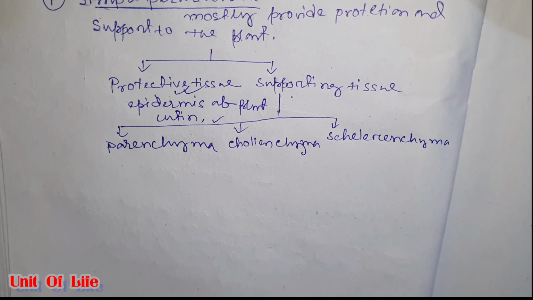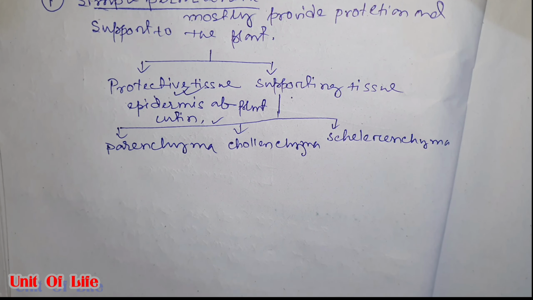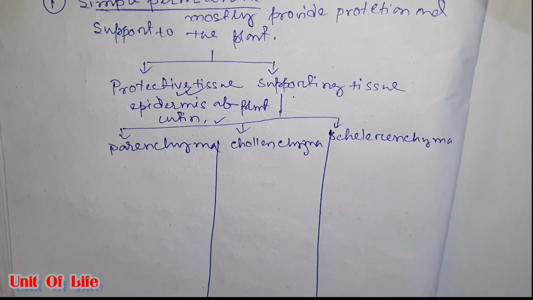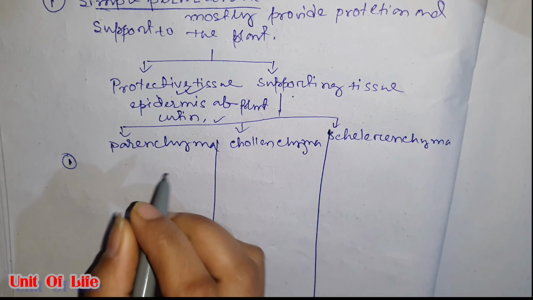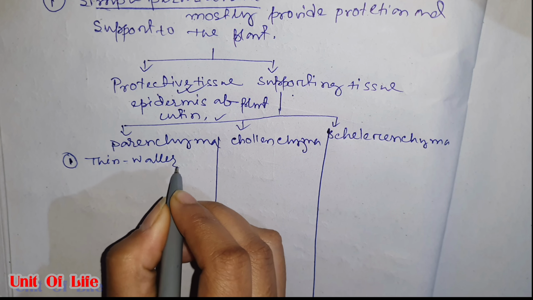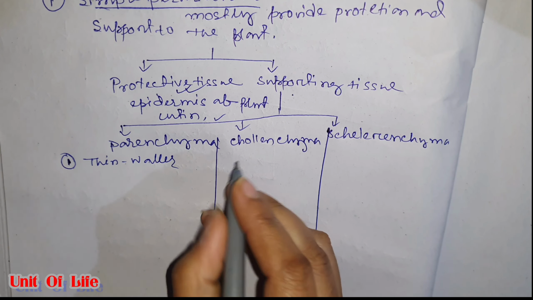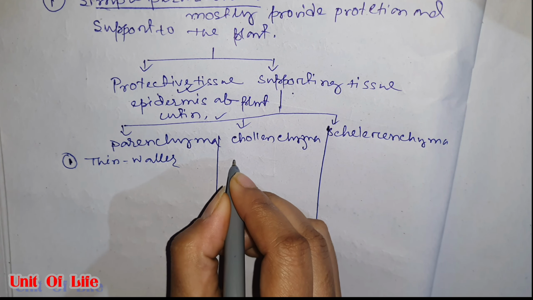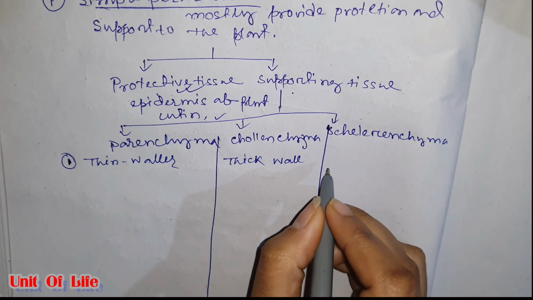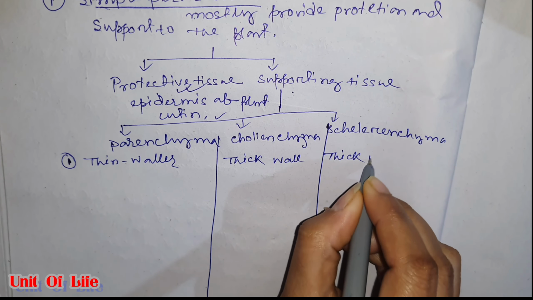First, parenchyma has a very thin cell wall, but collenchyma has a thick cell wall and sclerenchyma cell wall is also thick. Parenchyma is living tissue, collenchyma is also living tissue, but sclerenchyma is permanently dead tissue.